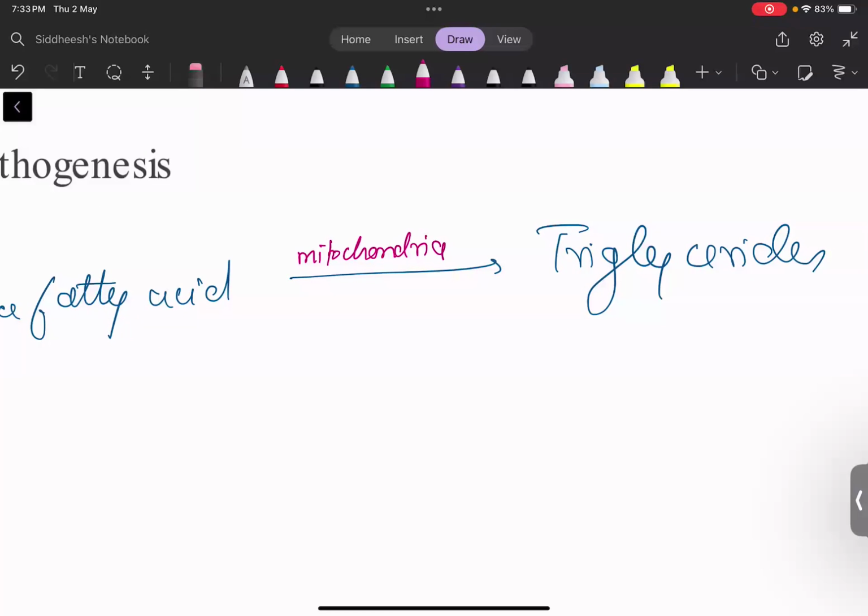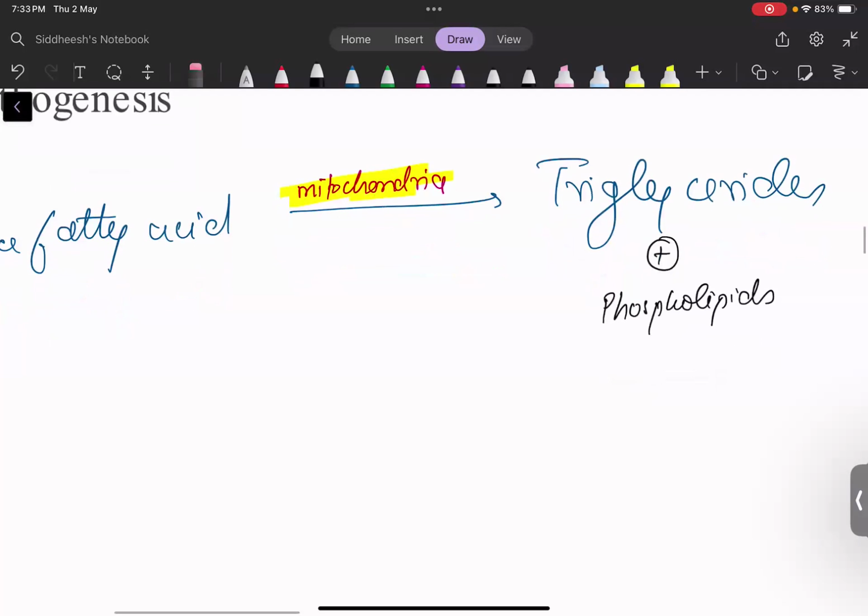In your liver, free fatty acids will be changed to triglycerides with the help of mitochondria, right? Along with the triglycerides, it is going to form some amount of phospholipids as well. Phospholipids.